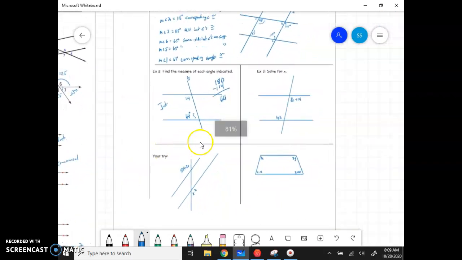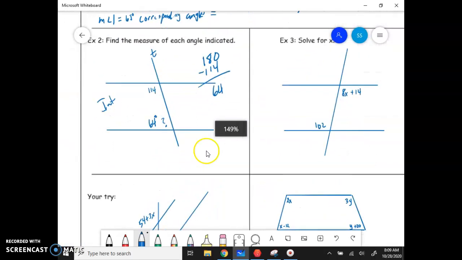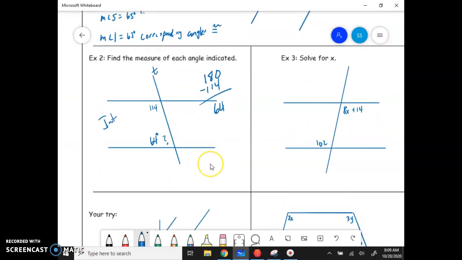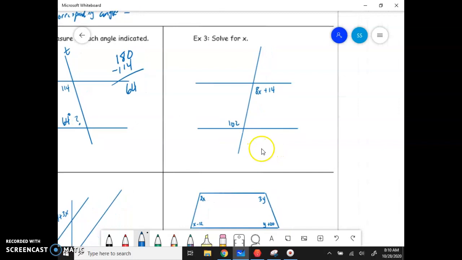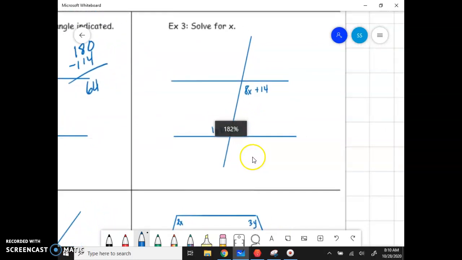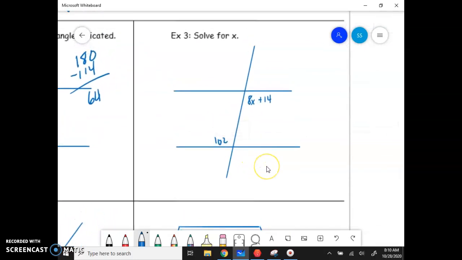And hopefully we can just recognize that that's true, or at least that they're not congruent, because clearly this is obtuse and this is clearly acute, so they are definitely not congruent.